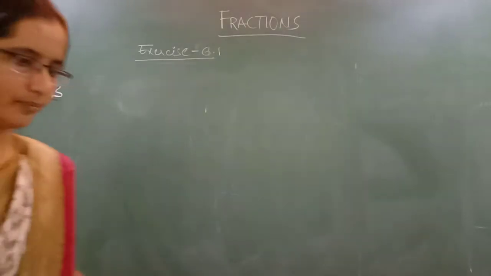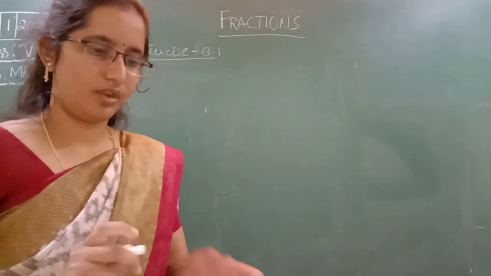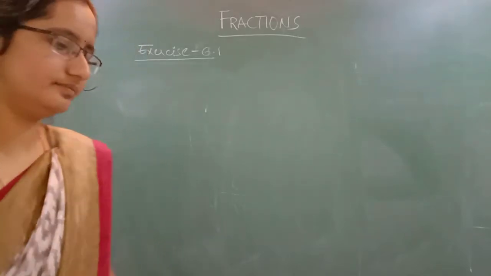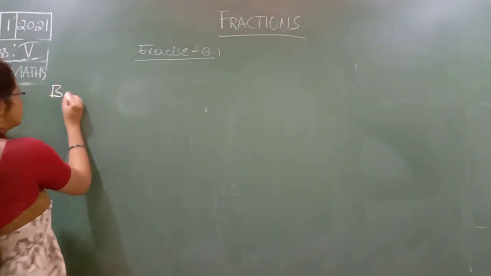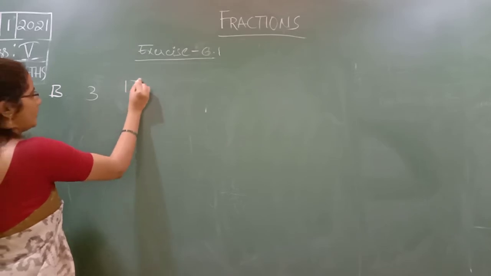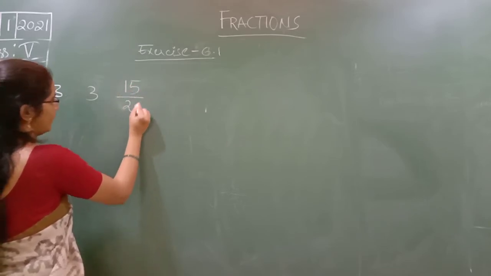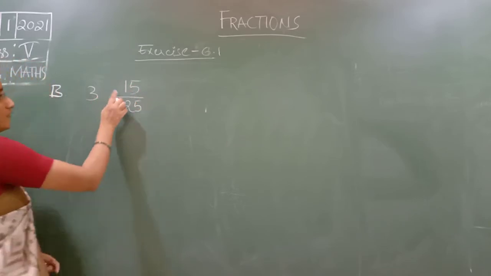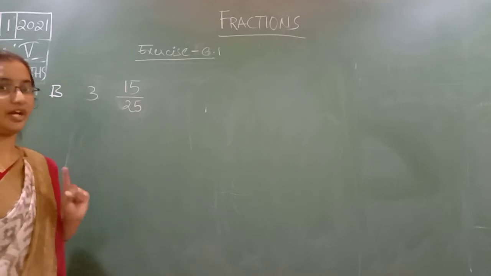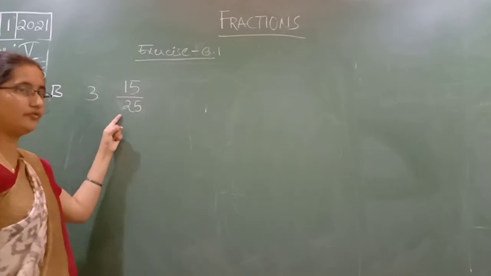Next we'll take another problem. I'll take the third one: 15 by 25. Is 15 divisible by 5? In the 5 table we have 15 and 25.